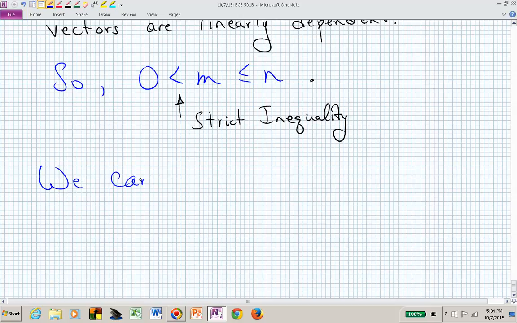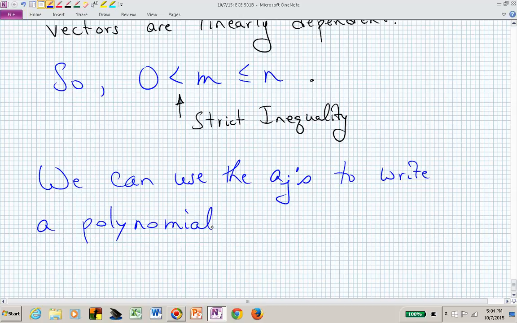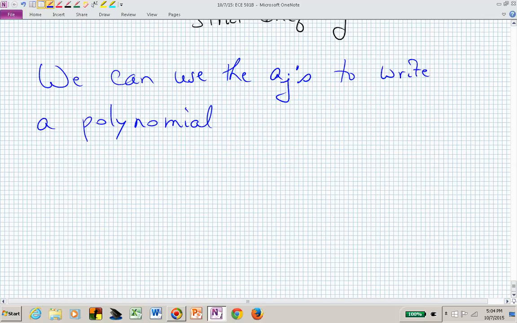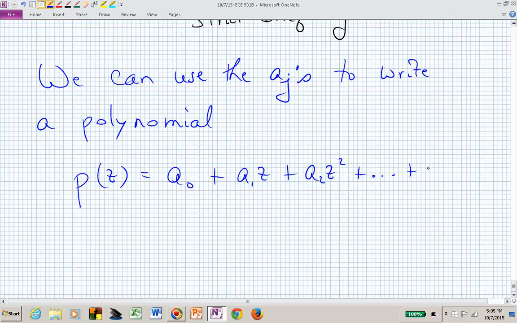We can use these a sub j's to write a polynomial, meaning we have identified these a's, so let's build up this polynomial p of z using those a's and a variable z, which is a sub 0 plus a1 z plus a sub 2 z squared up to a sub m z to the m.